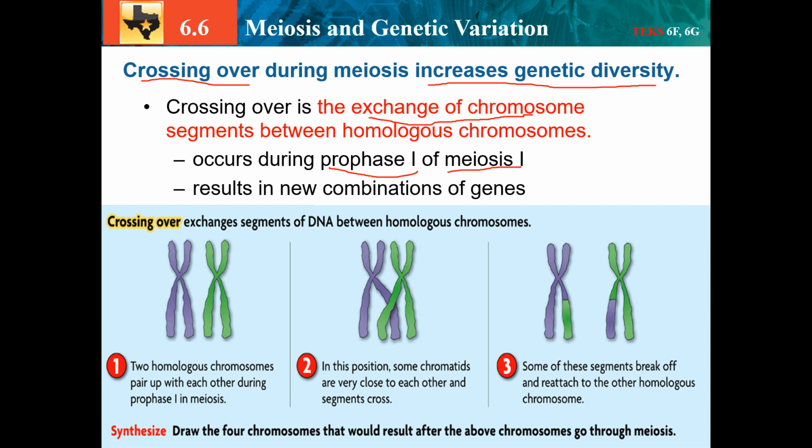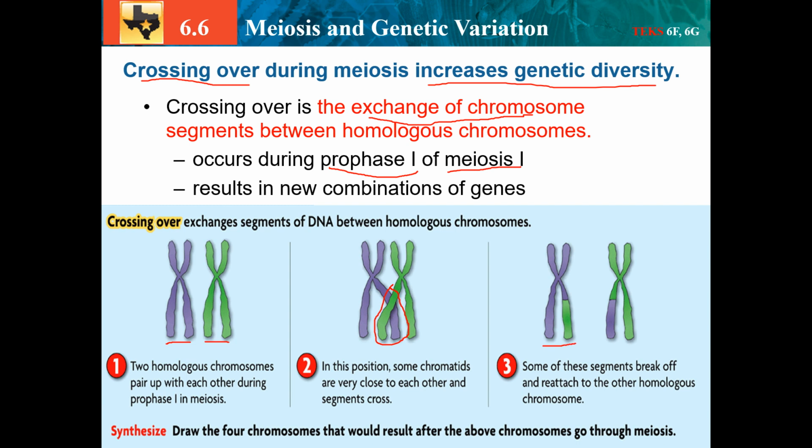So to kind of break this down, exchange, meaning you're trading, you're swapping different parts of the chromosome. So you've got two homologous chromosomes here. So, this one from mom, this one from dad, or vice versa. And they exchange segments of their chromosome. So, this green chromosome gave this purple chromosome some of its DNA, and vice versa.